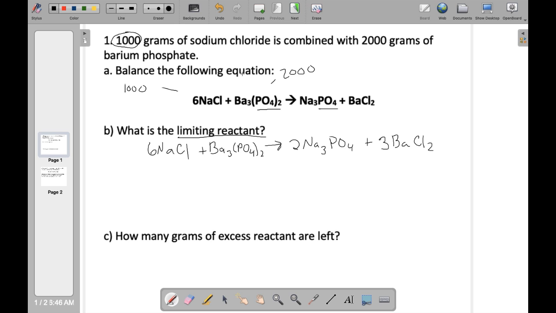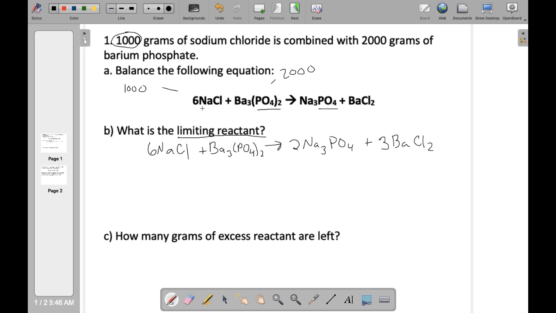The problem is I might use up all 1,000 grams of sodium chloride and have some of my barium phosphate left over, or I might use up all 2,000 grams of barium phosphate and have some of my sodium chloride left over. I just don't know which one is the limiting reactant.